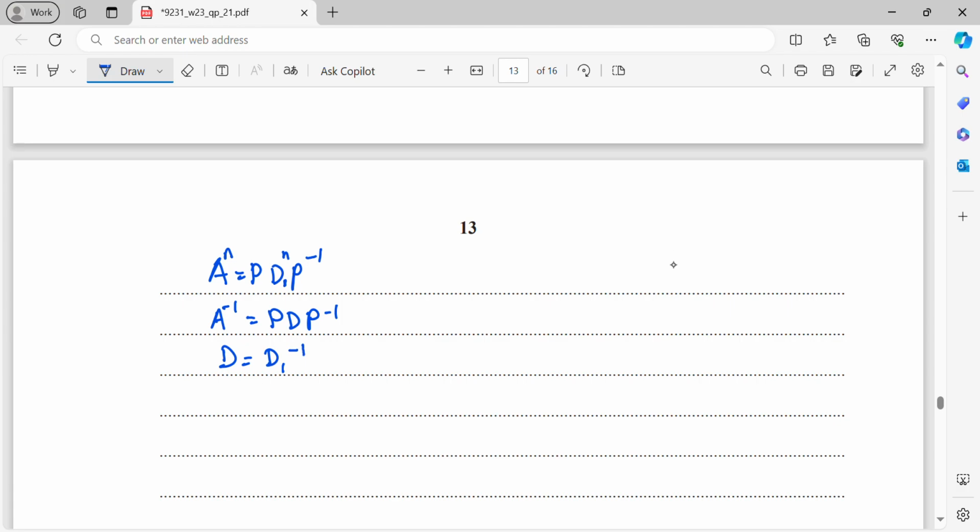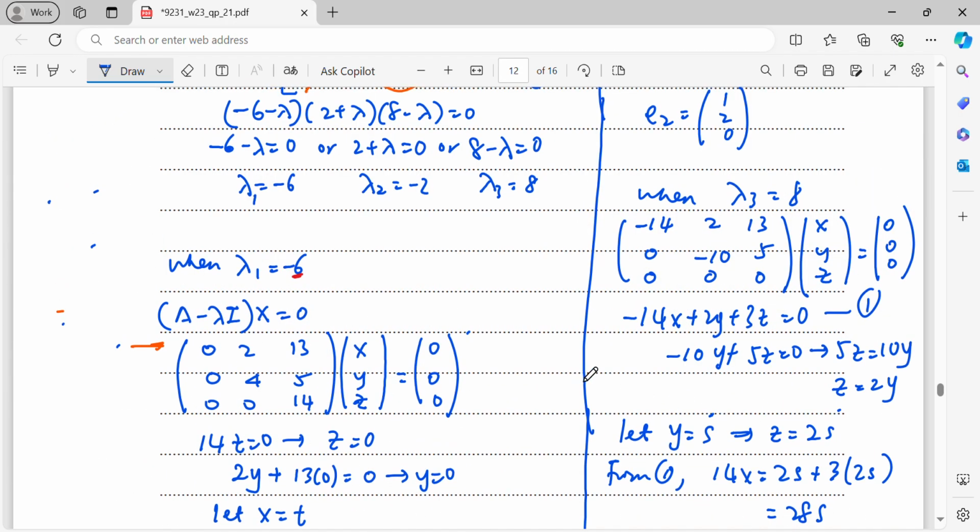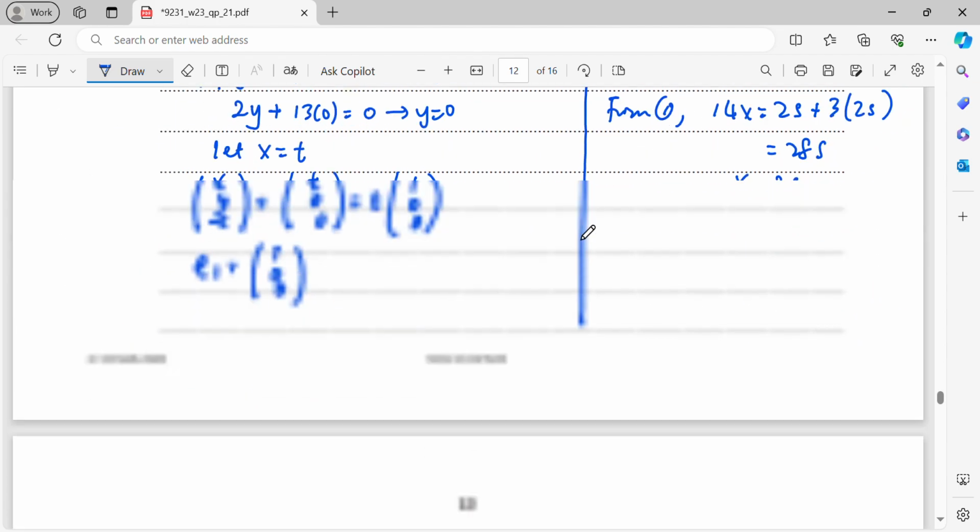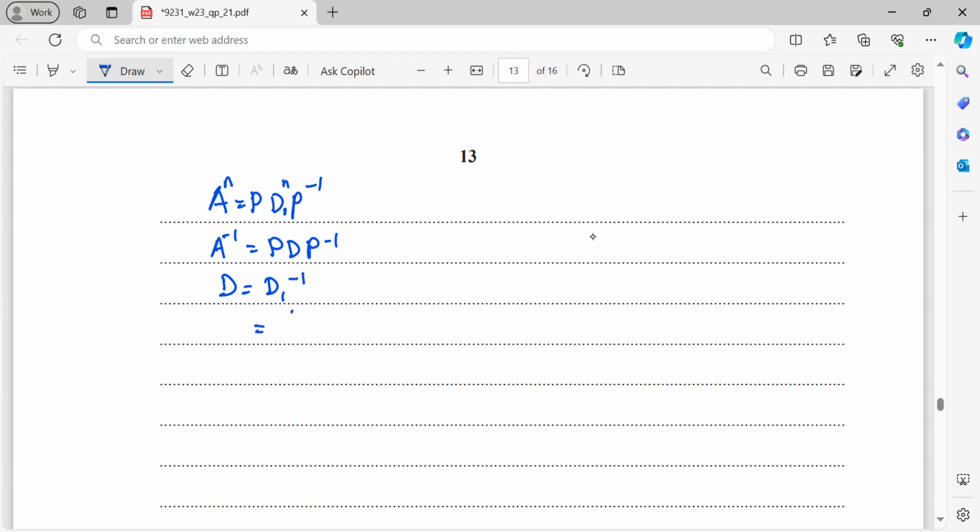So I will write my D1 as the matrix that consists of the lambda values -6, -2, and 8. So here is going to be -6, -2, and 8, but then to the power of -1.